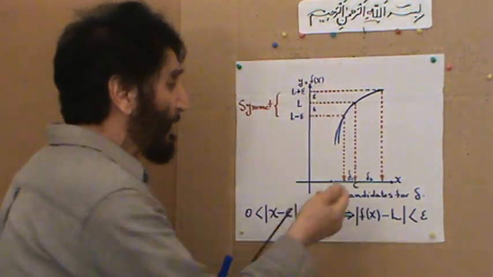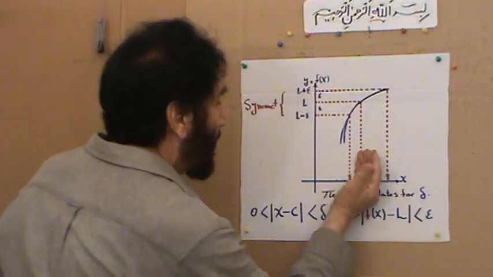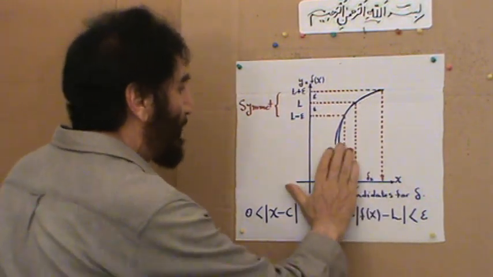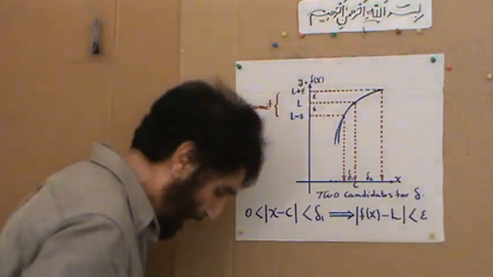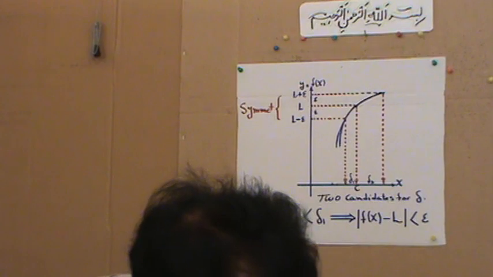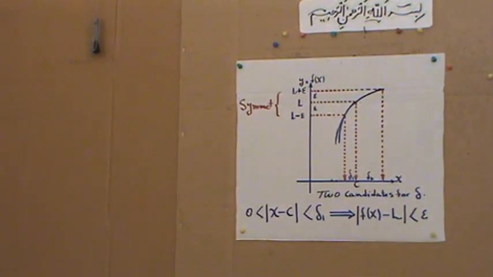But if this is my delta, delta to the right and delta to the left, so delta to the left will be here. Look at that. When I take this one to the other side, it will be far, far. I put a point here. Maybe I can put a line on that. Look at that.